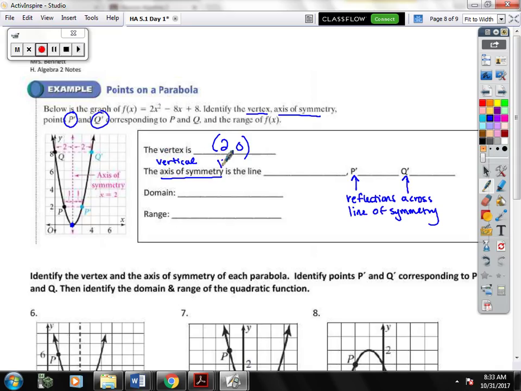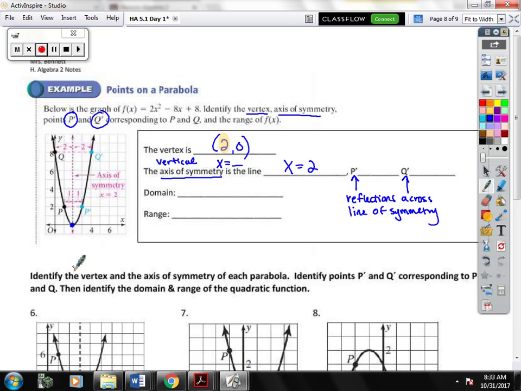So it has to be in the form x equals. So all you have to do is look at the x-coordinate of the vertex. So the x-coordinate of the vertex is 2, so the line has to be x equals 2. Okay, it's a vertical line that goes through the vertex. And you can see they have it dashed in there.